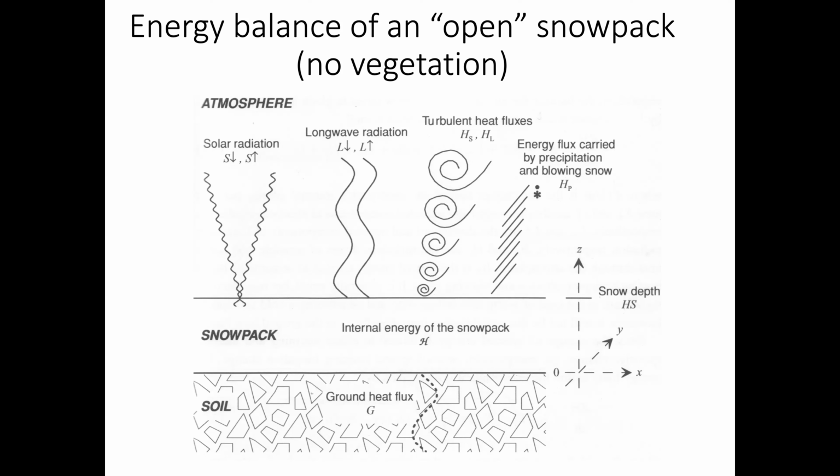Some of the direct radiation from the sun becomes diffuse radiation. You can think of direct solar radiation as a beam of light coming from the sun, whereas diffuse radiation is emanating unevenly from the entire hemisphere overhead due to scattering in the atmosphere. So that's incoming solar radiation. The outgoing or reflected solar radiation depends on how large grains are of snow and how clean or dirty the snow is.